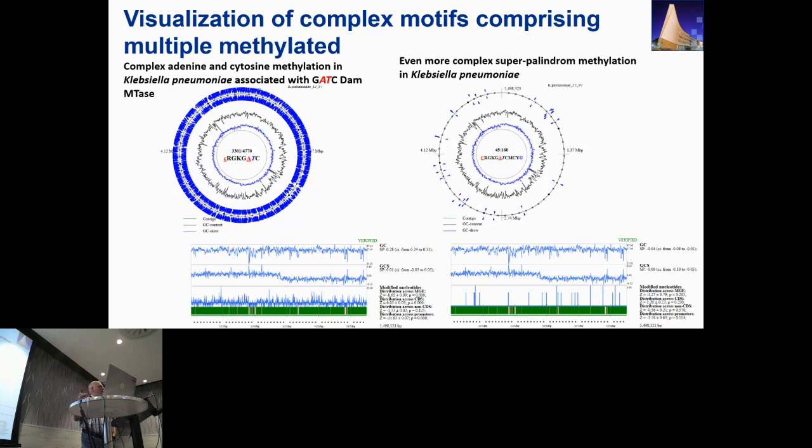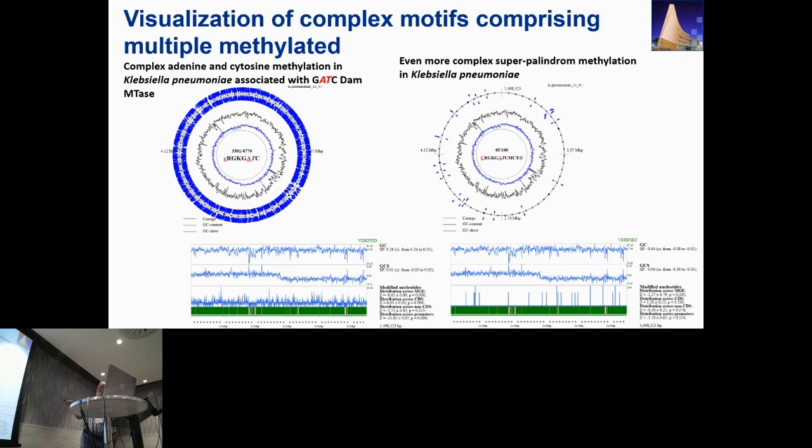We can instruct the program to show motifs which are methylated at all positions, or motifs which are methylated at least at one position. Or, very important, we can instruct the program to show sites which are supposed to be methylated but remain unmethylated. Sometimes the unmethylated sites are very important information for us.